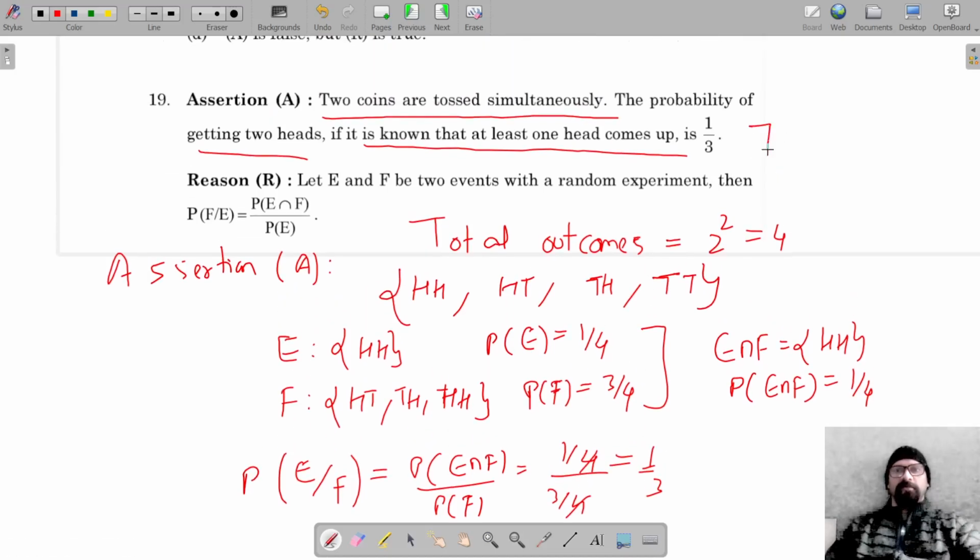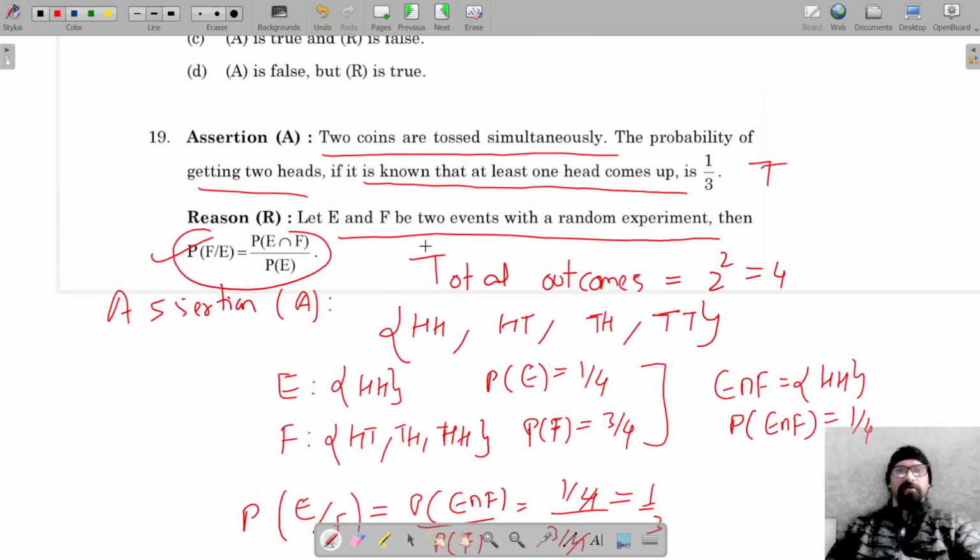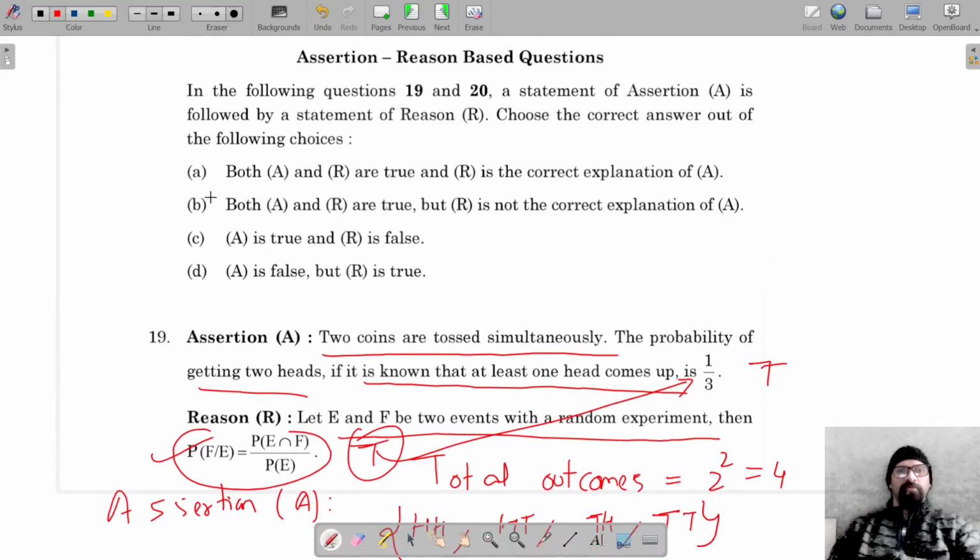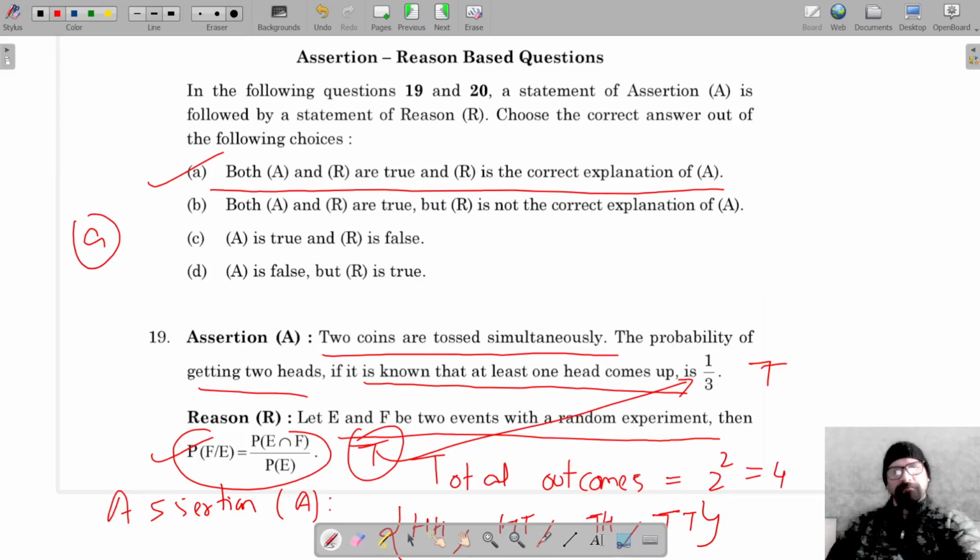That means this is true. If E and F are two random events, then we have used this formula. So reason R is also true, and R is the correct explanation of assertion. So both A and R are true, and R is the correct explanation of A. That is, we have to choose option A.